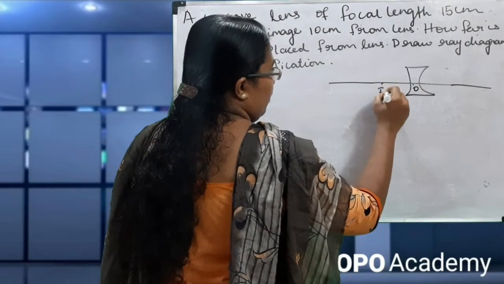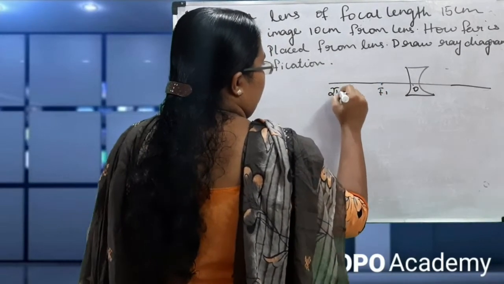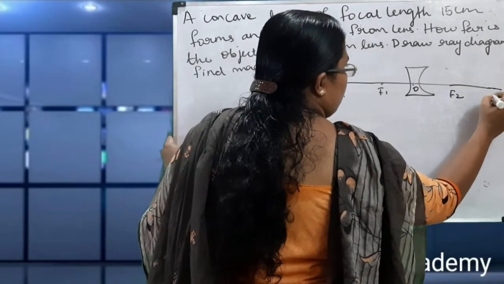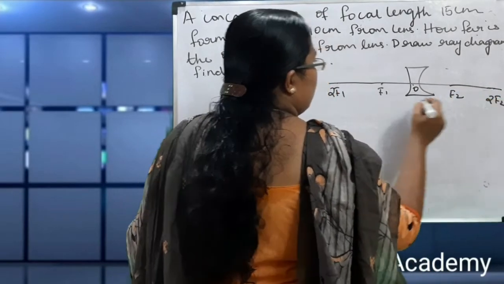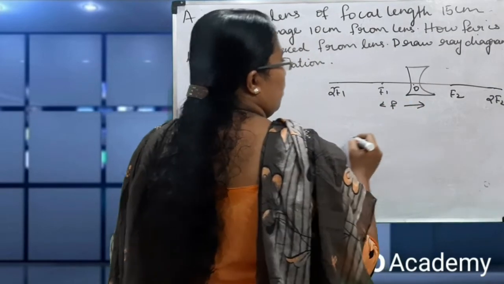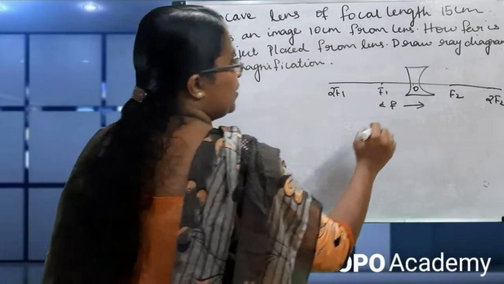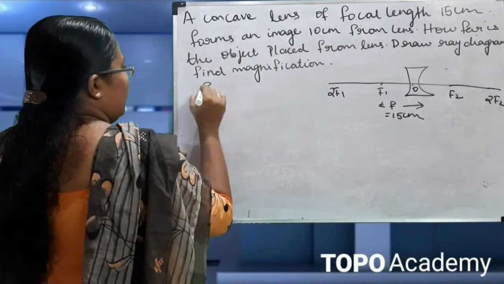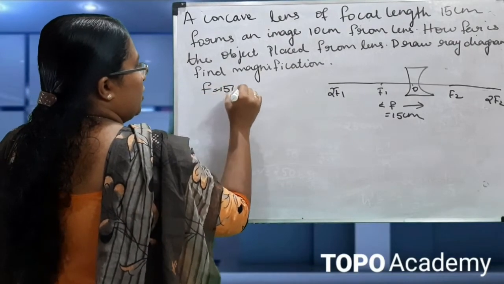This is f1, 2f1, this is f2 and this is 2f2. So this distance is given: focal length F is given 15 centimeter.